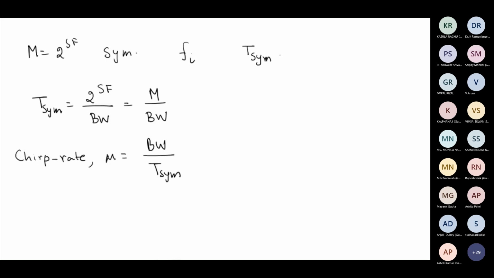So it's clear that the chirp rate is essentially the rate at which the instantaneous frequency changes, because we know that the instantaneous frequency sweeps a range equal to bandwidth over a time duration of Tsym. So this can also be expressed, with a little bit of manipulation, as bandwidth squared divided by the modulation order M. And it's clear that its unit would be hertz per second.